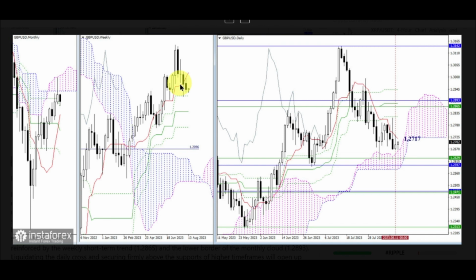For new bearish prospects, the market needs to overcome the support of the daily cloud 1.2663 and 1.2577, strengthened by levels of higher timeframes 1.2597 and 1.2629.